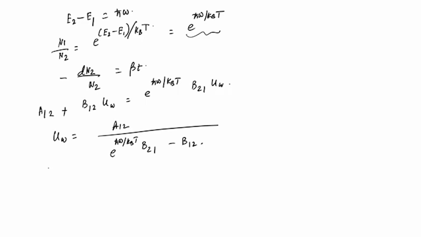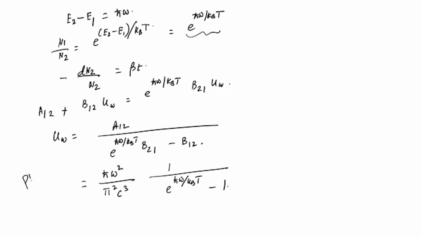That is the energy density of radiation, and if you compare with Planck's formula for the radiation energy density, it looks like H cross omega cube by pi square c cube, divided by e to the power H cross omega by kT minus 1.